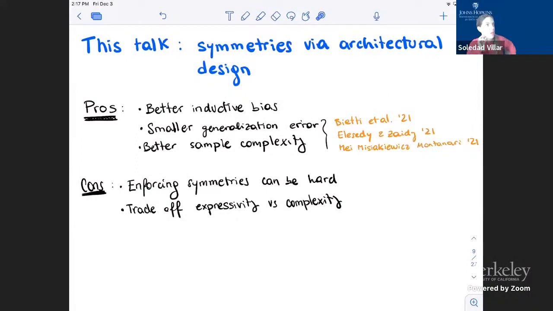Yes, that's a good question. So the way it's done, and I'm going to explain that in the next slide, a lot of these works implement the symmetries throughout. They consider a neural network with several layers, and each of the layers satisfies the symmetries, and they also have restrictions on the activation function so that everything satisfies the symmetry. So at each layer of the network, the symmetry is satisfied.